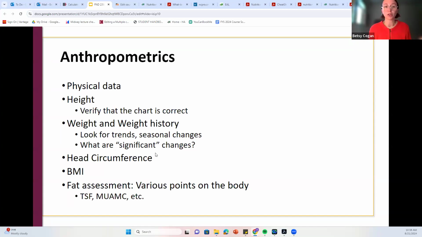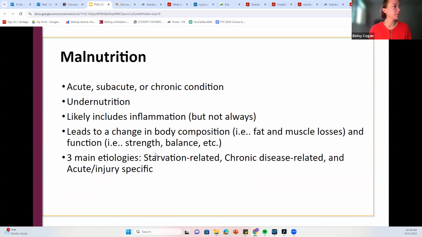And then we're looking at BMI. BMI is not a great marker, but it does tell us something. So BMI is still very important to us in the clinical setting. And then we can look at different ways to quantify body fat. So we can look at body fat on various parts of the body using our nutrition-focused physical exam skills.